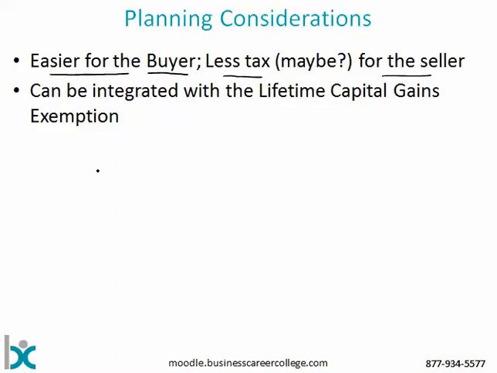I'll show you a very, very simple scenario. Let's say that Jim is selling a business, and his business is worth $2 million. So the business has a $2 million fair market value, and Alice is buying the business. She's going to pay fair market value.